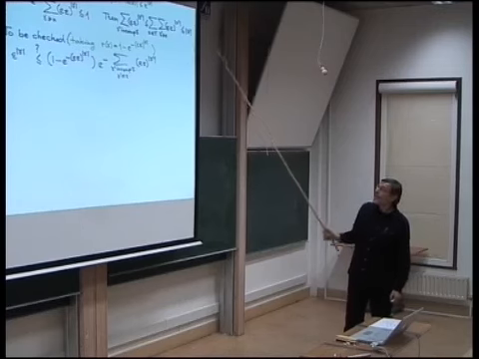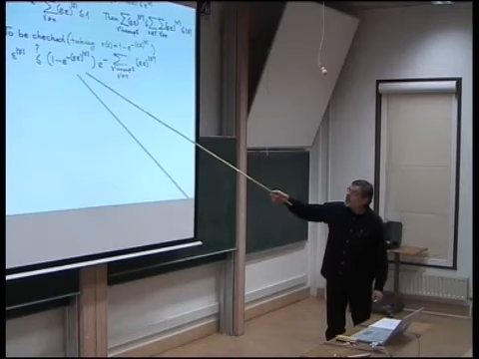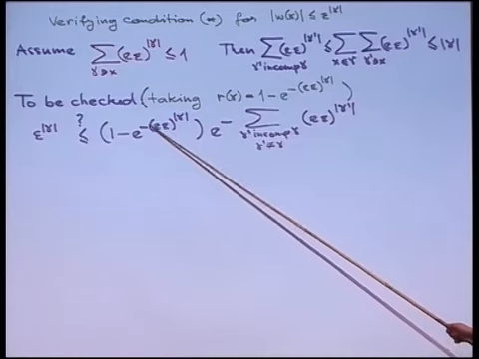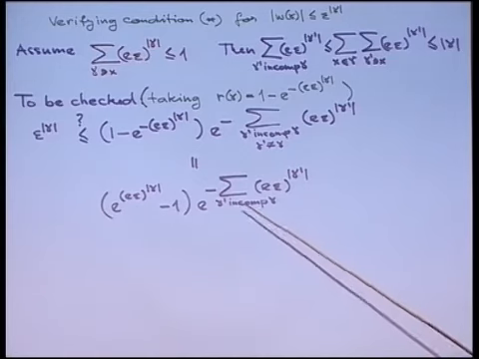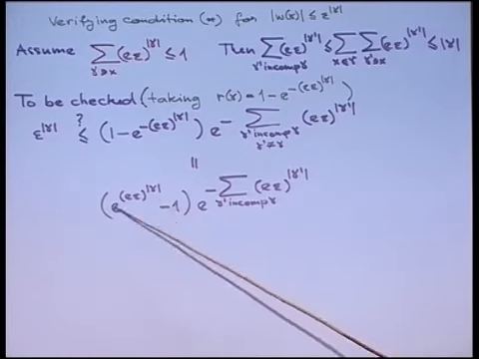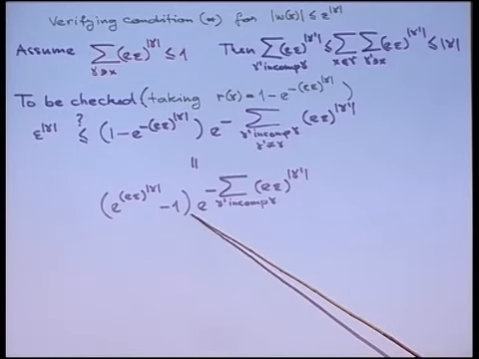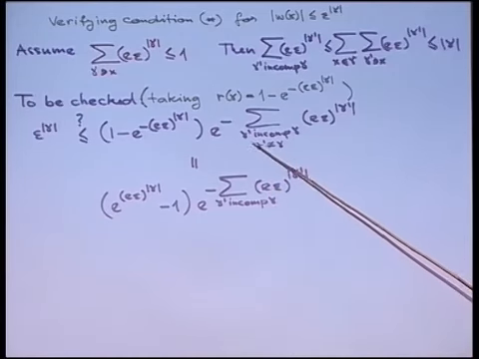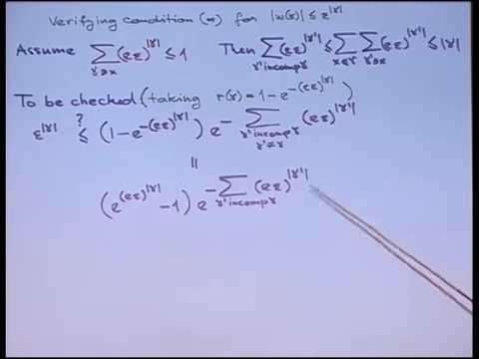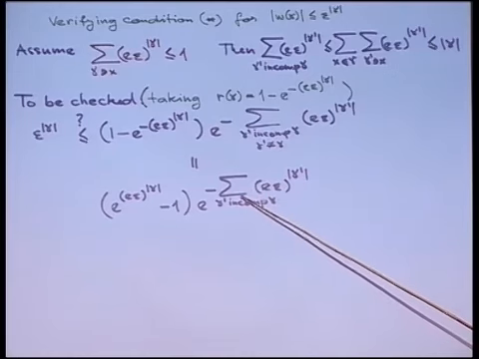Okay. Okay, so now I multiply and divide by e to the power plus e epsilon gamma, and I'm getting this. So I multiply by this. Okay, so I'm getting e to this times minus 1. And here I have to divide, so I am adding, here there was a sum over gamma prime incompatible with gamma, and here I added to this sum also the term gamma itself. Okay?